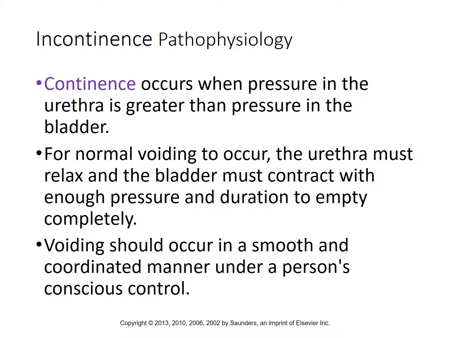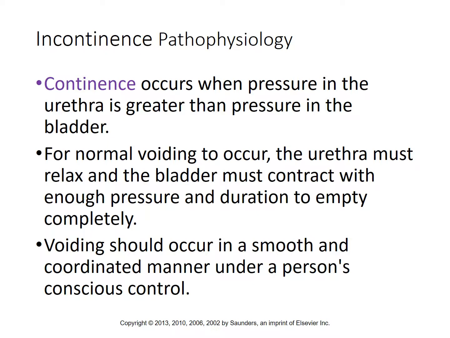Continence occurs when pressure in the urethra is greater than pressure in the bladder. So when the bladder is getting kind of full, it'll start contracting a bit. But when we're sitting in class and we don't want to go to the bathroom, we can exert some pressure on the urethra so that we don't pee in our pants. Remember, continence occurs when pressure in the urethra is greater than pressure in the bladder.